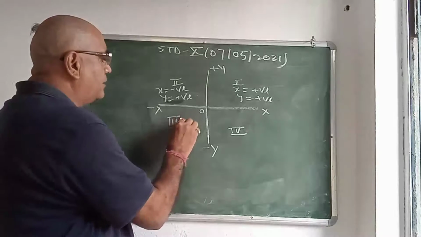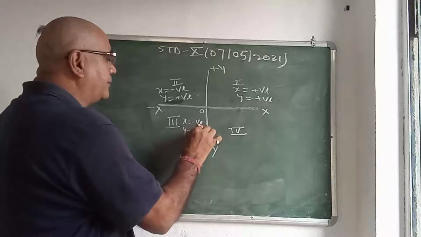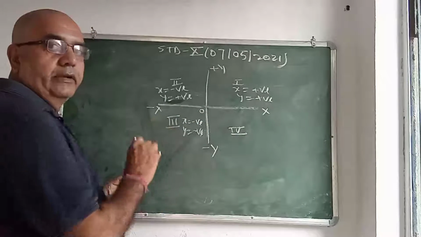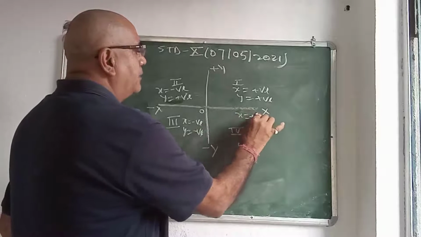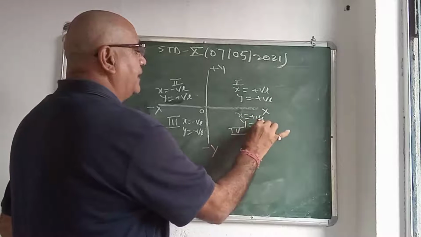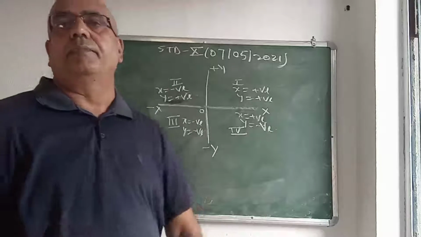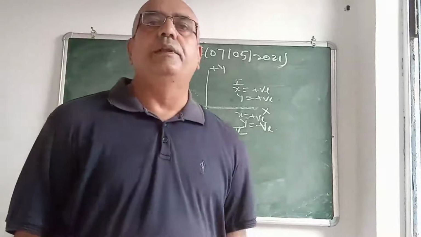In the third quadrant, x is negative and y is also negative, both are negative. In the fourth quadrant, x is positive and y is negative.